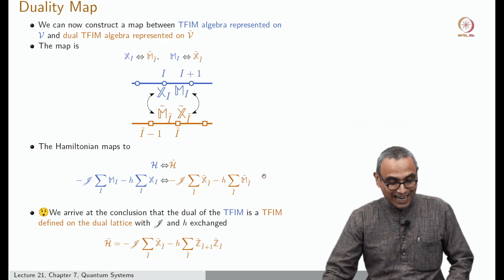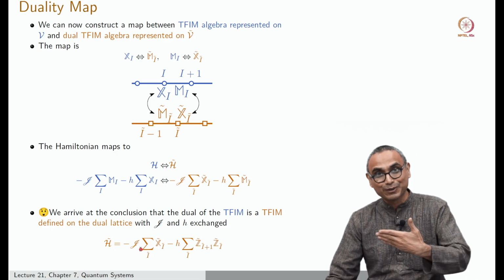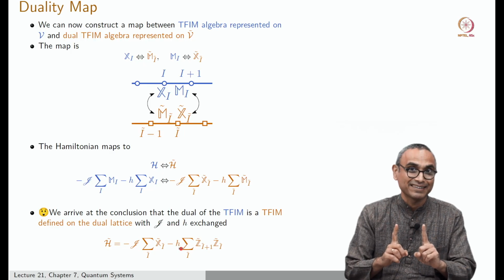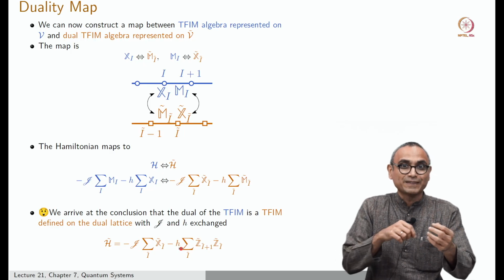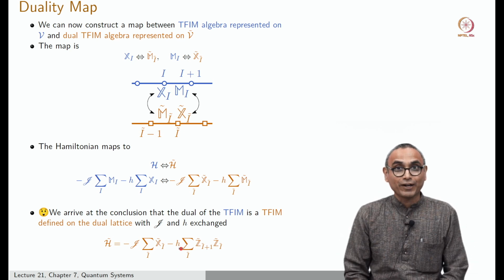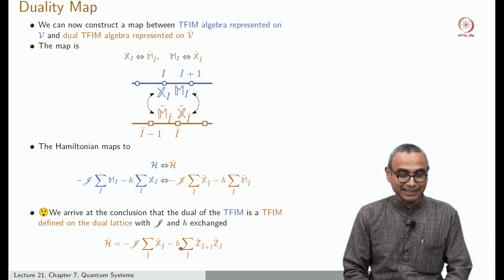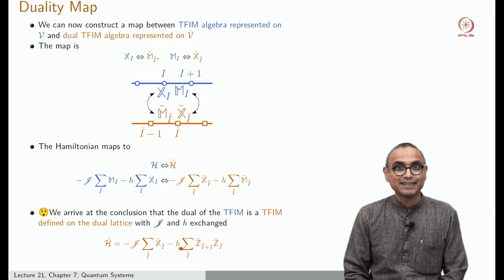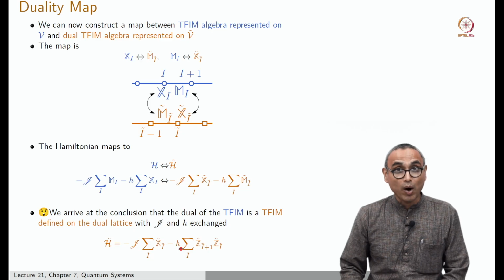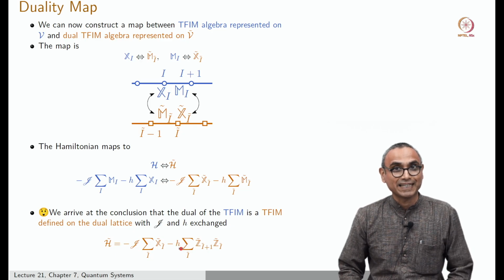The dual will have J as the transverse field and h as the exchange coupling. So the two energy scales interchange roles. I hope you find this exciting, because it really is. What we have done here is realize the quantum dual of the transverse field Ising model.